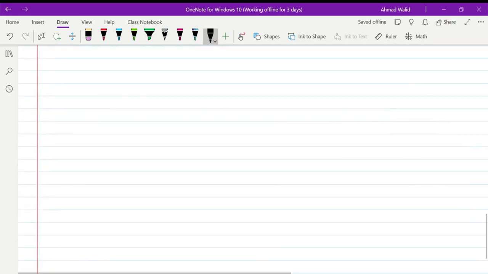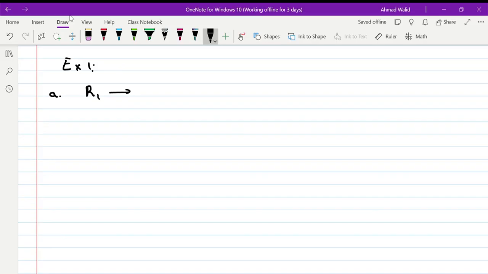Now, let's do some examples. Example number 1. In part A, they are saying interchange row 1, or maybe they are not even using the word interchange. They write row 1 with row 2, and they give you a matrix.